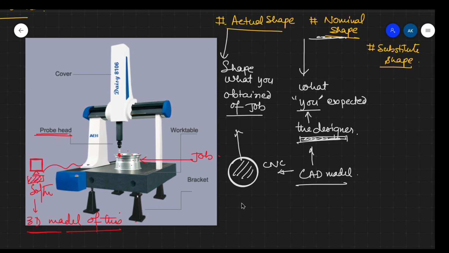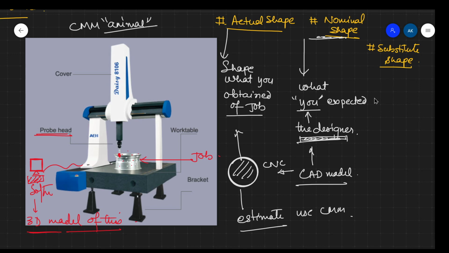Now to estimate this actual shape, I will use the CMM, this animal. What this animal does is take many points all over the job and send them to the computer. The computer will make a numerically constructed 3D model of this.